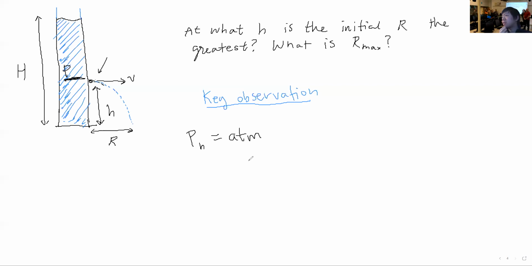Wait, why is that? Well, the reason kind of lies in how things move from lower concentration to higher concentration. Because of the hole, the water wants to move from a place with higher pressure to a place of lower pressure, right?